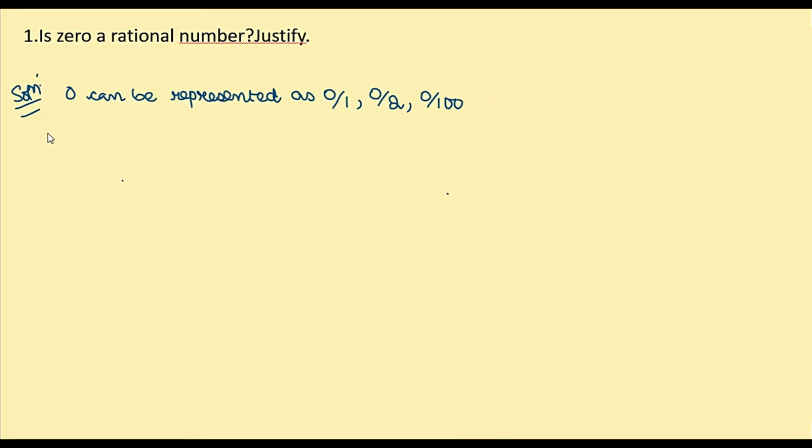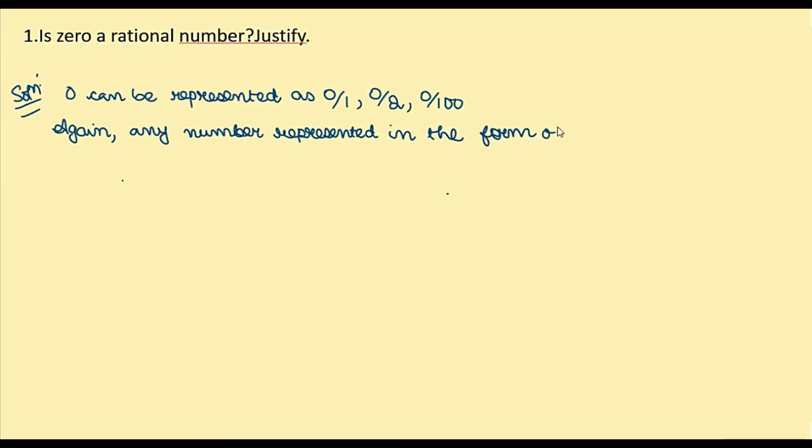Where again, according to rational numbers, any number represented in the form of P by Q, where Q is not equal to 0, is called a rational number.